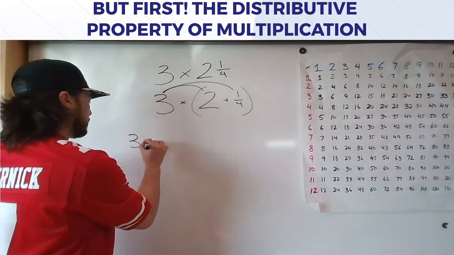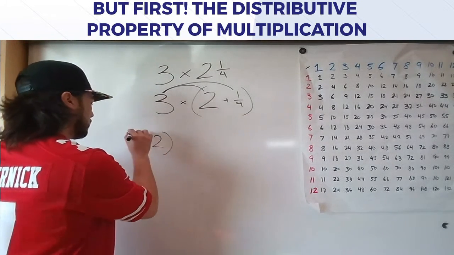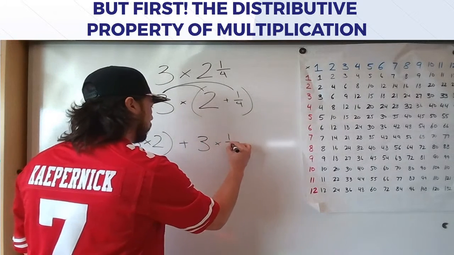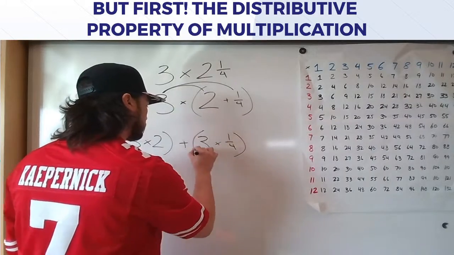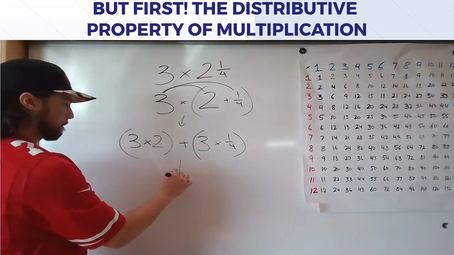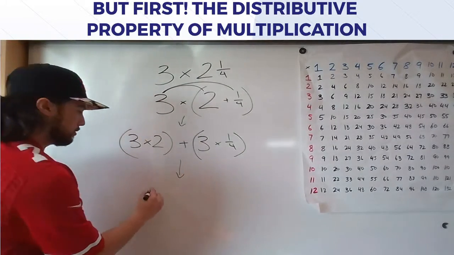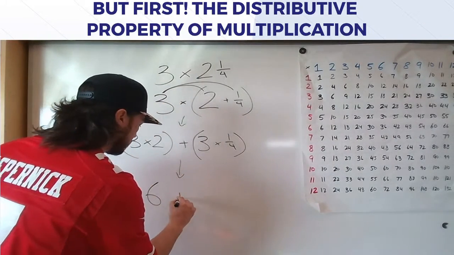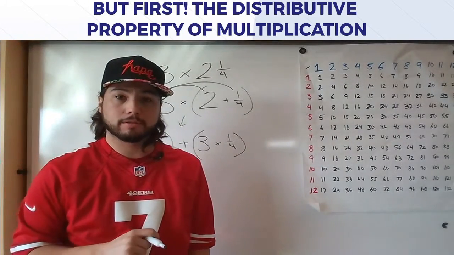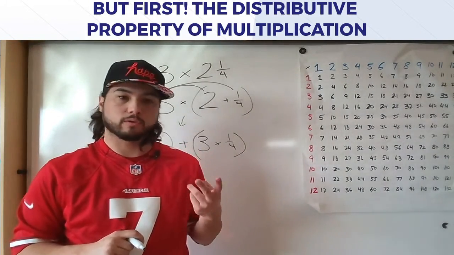Essentially going 3 times 2 plus 3 times 1/4. Okay? 3 times 2 is 6. Keep our plus sign. And then 3 times 1/4, or 1/4 plus 1/4 plus 1/4.